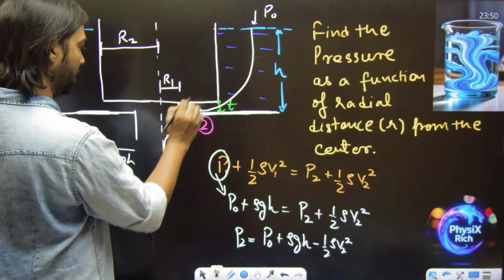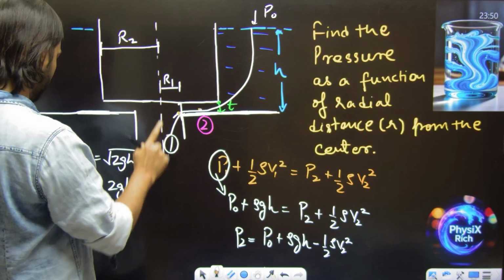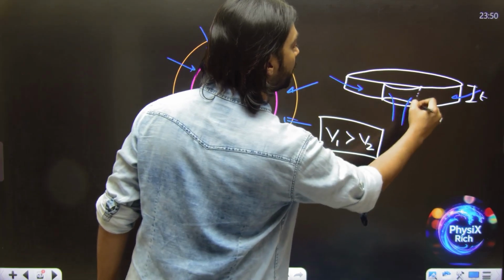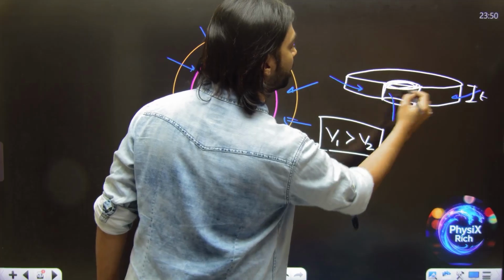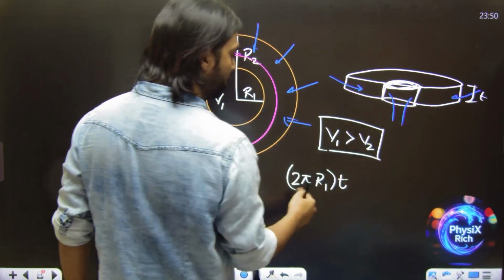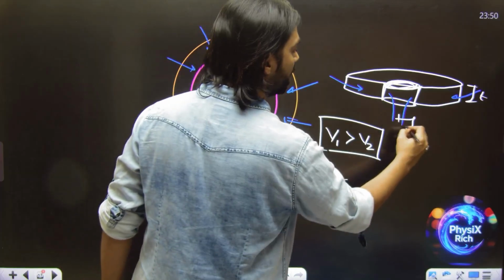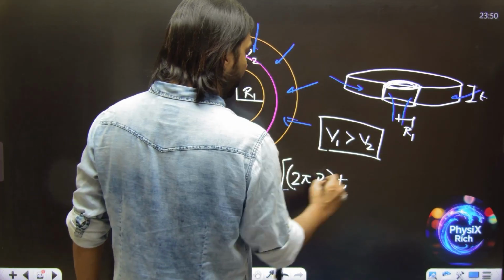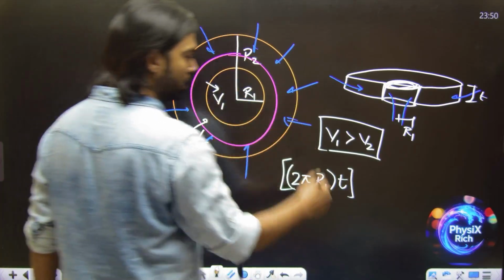Over here also the thickness will be T. If I draw an imaginary cylinder over here, this cylinder will have a curved surface area of 2 pi R1 times T, where this is the R1 radius. Multiply this with the velocity V1, which is root 2 GH.